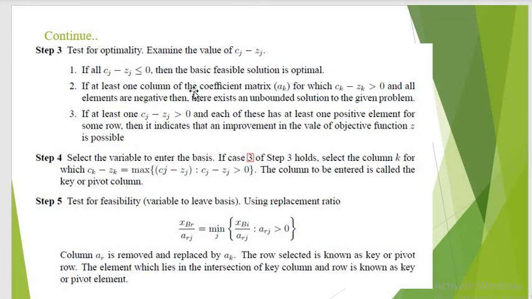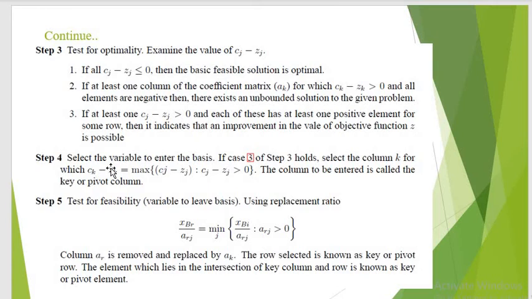If for at least one column Ak of the coefficient matrix, Ck minus Zk is greater than 0 and all elements are negative, then there exists an unbounded solution to the given problem. If at least one Cj minus Zj is greater than 0 and each of these has at least one positive element for some row, then it indicates that an improvement in the value of the objective function Z is possible.